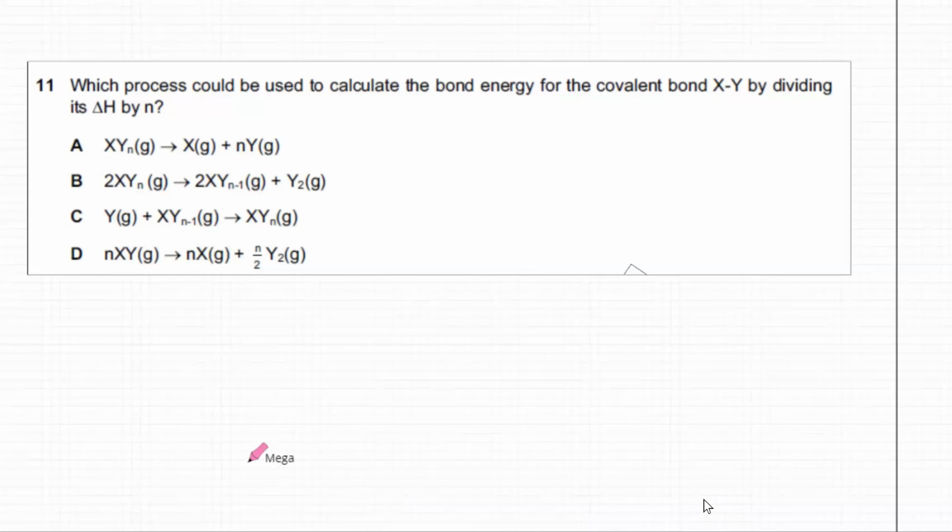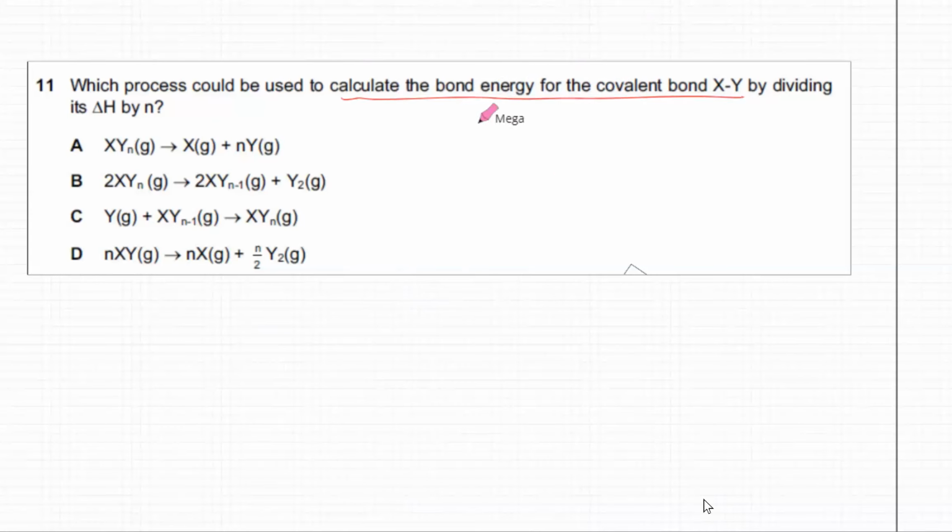I'm back. So what it states is that we have to read the question properly. It asks which process could be used to calculate the bond energy. He's saying you have to calculate the bond energy for the covalent bond XY.